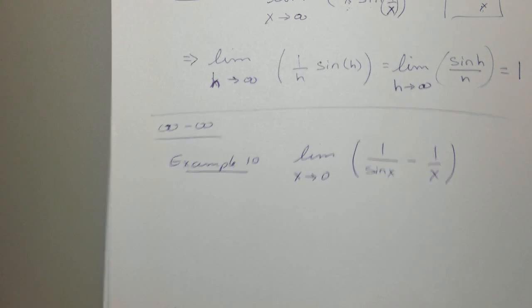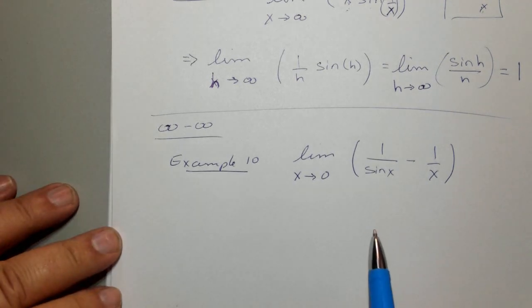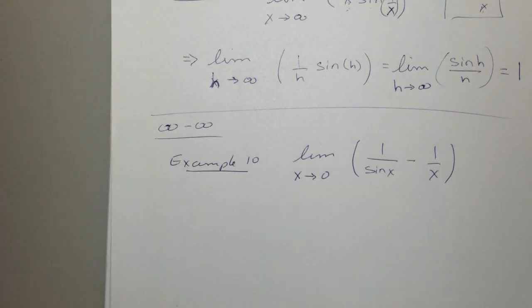The easiest thing to do here, what approach would you take? Were you going to split them up? You can either split them up as two different limit functions, or you can combine them, have one limit function.